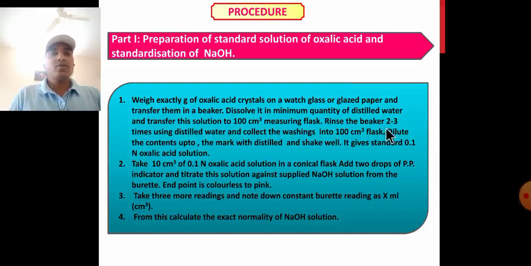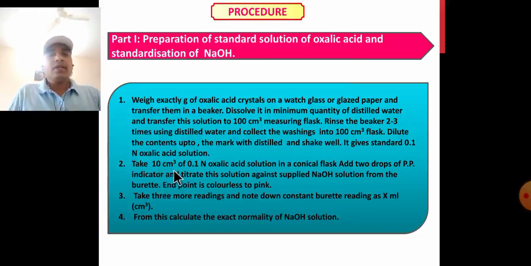Rinse the beaker 2 to 3 times with distilled water and collect the washings into the 100 ml flask. Dilute the contents up to the mark with distilled water and shake well. It gives a standard 0.1 normal oxalic acid solution.